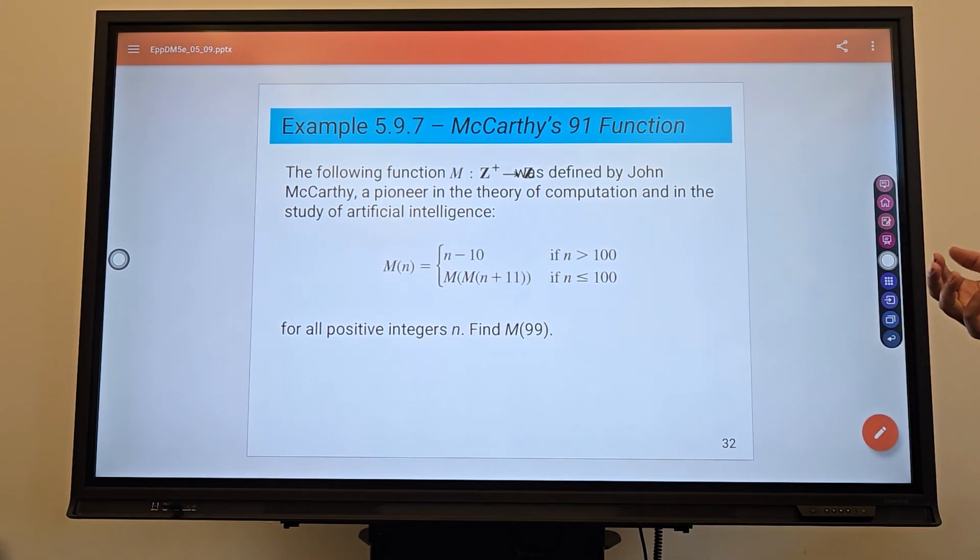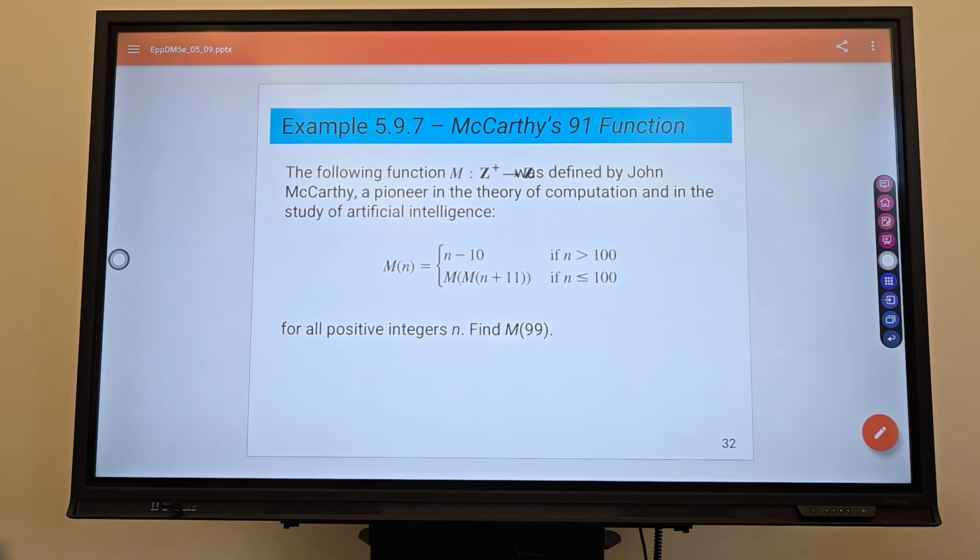The following function, m, where n is an element of the positive integers, was defined by John McCarthy, a pioneer in the theory of computation, and apparently in the study of artificial intelligence as well.